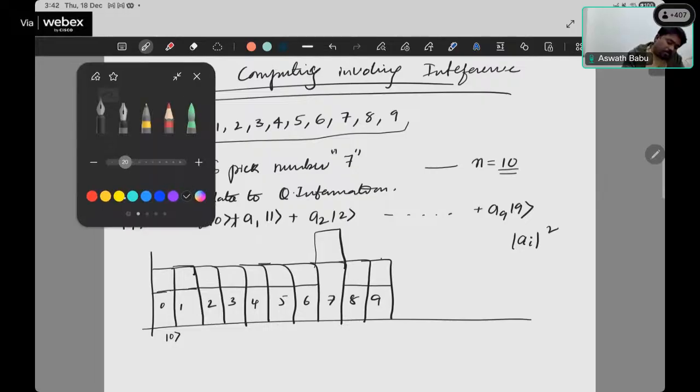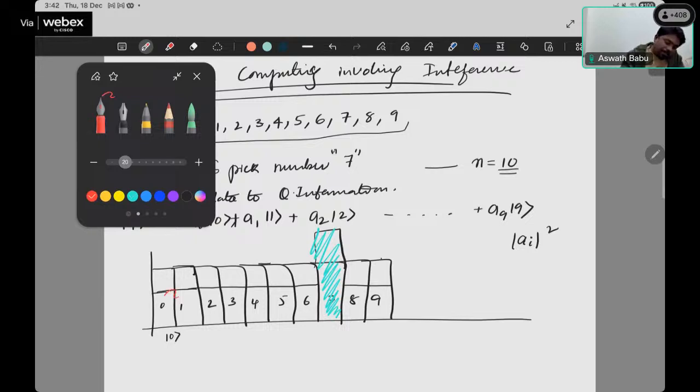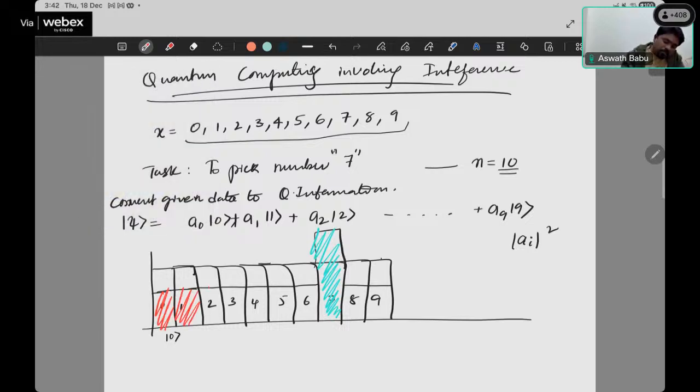So that is the target I want to achieve. I have to enhance the probability of 7 and suppress the probability of the other numbers to lower values. So I have to reduce a0, a1 up to a9 except a7.